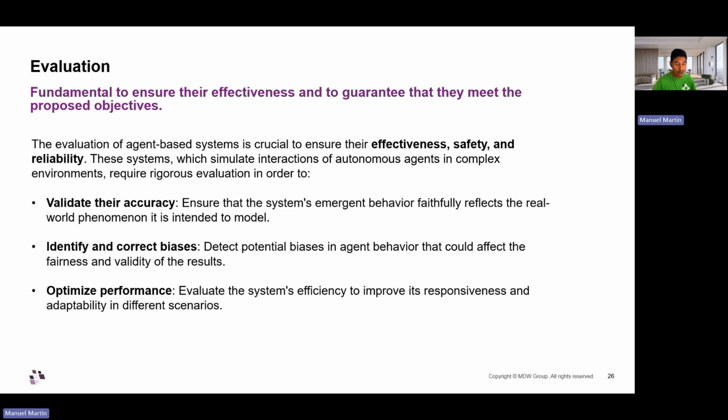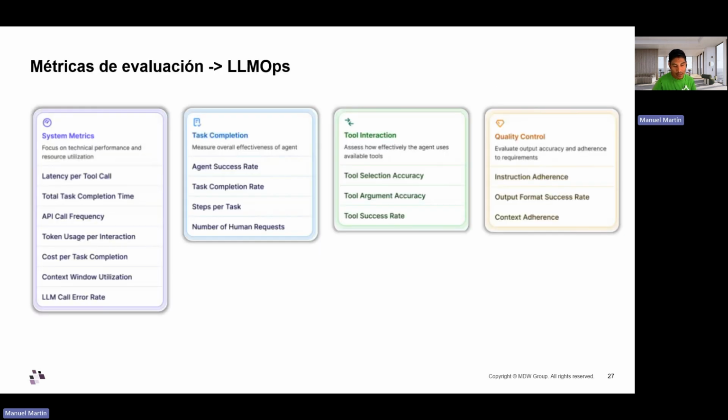But here, in the most complex situations, we use evaluation. Evaluation has several challenges to solve in order to understand how our system works, in order to be effective, safe, reliable, robust, etc. With these evaluations, we're trying to validate accuracy, identify and correct bias, and optimize performance. We understand better with some metrics that we have available at our first approach.